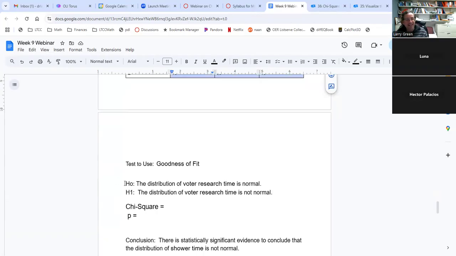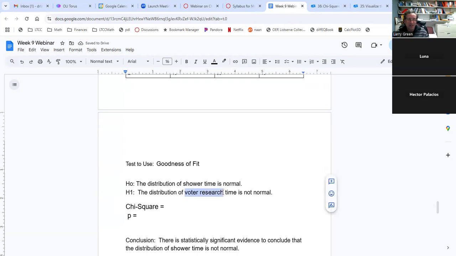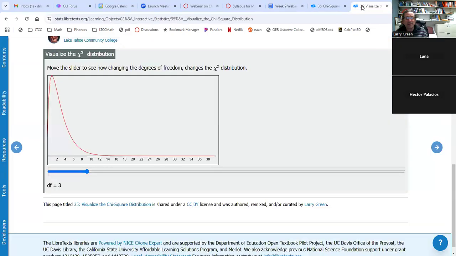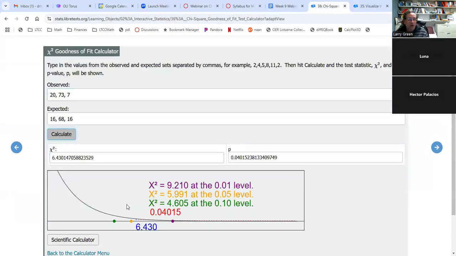Oh, I forgot to write down: H naught is the distribution of shower time is normal. And H1 is the distribution of shower time is not normal. And chi-squared was 6.4301.